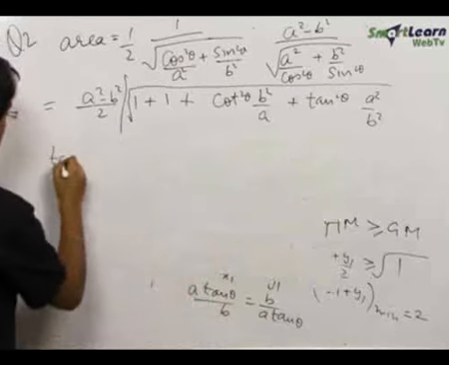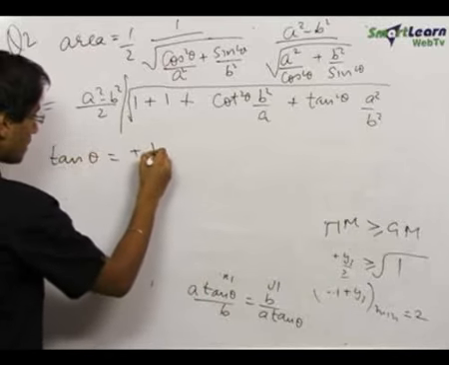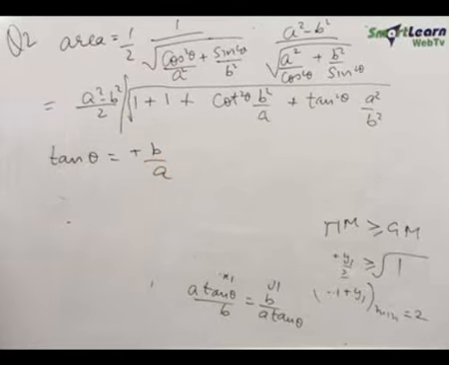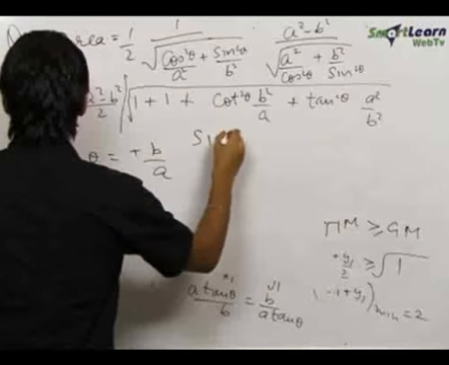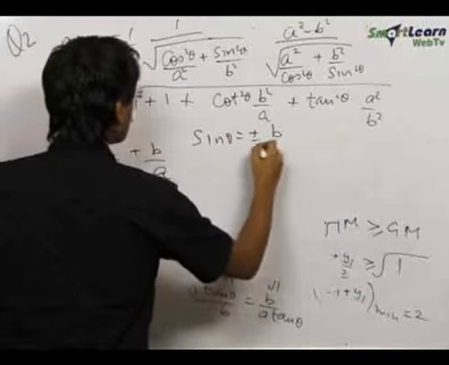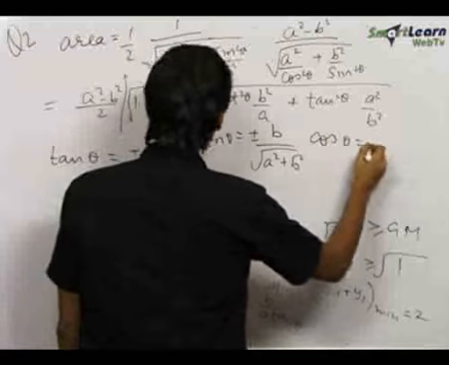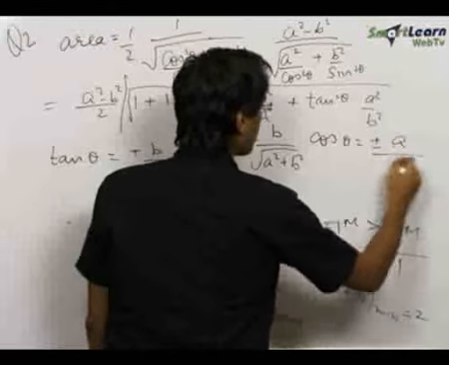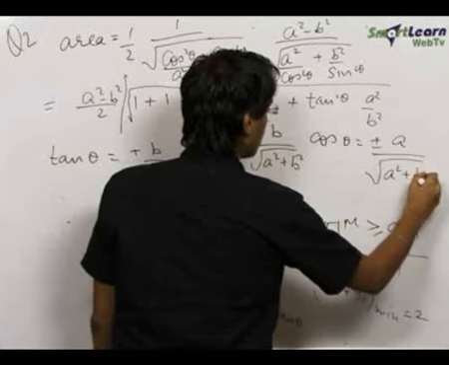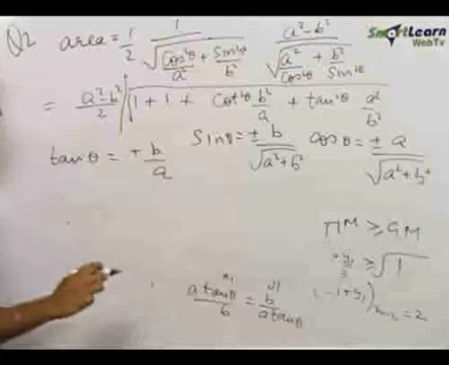This gives us tan theta equal to plus minus b upon a, which gives us sin theta equal to plus minus b upon under root of a square plus b square, and cos theta equal to plus minus a upon under root of a square plus b square.